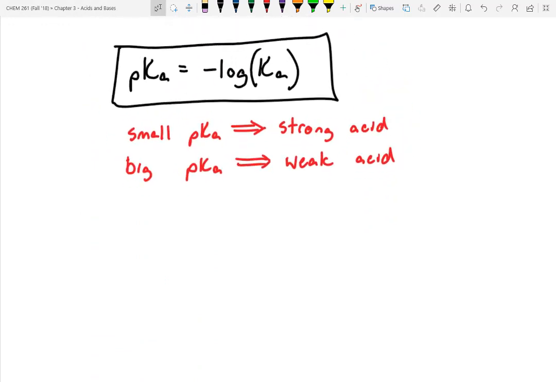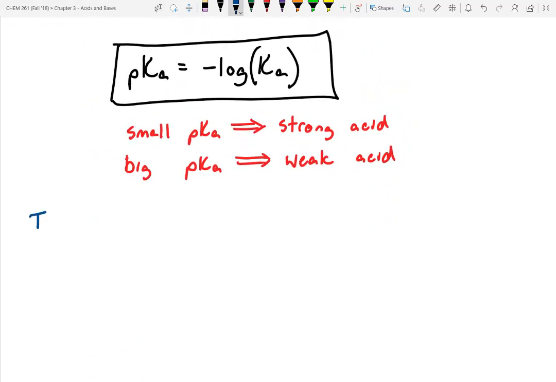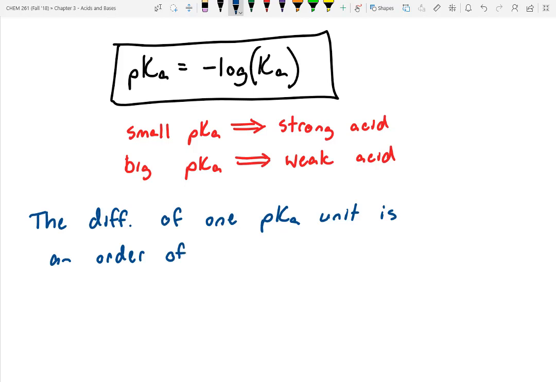My big takeaway from this is the difference of 1 pKa unit is an order of magnitude, meaning times 10, right?